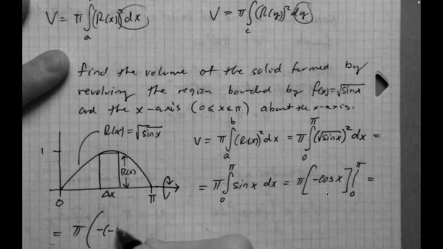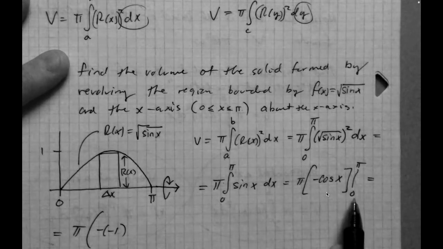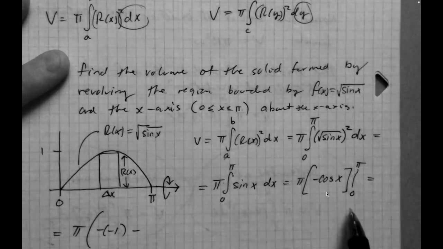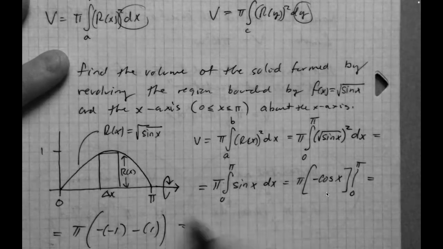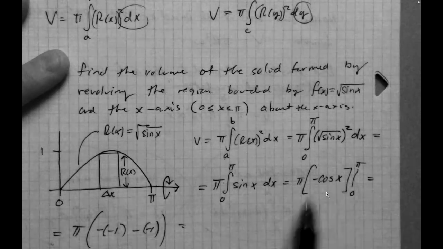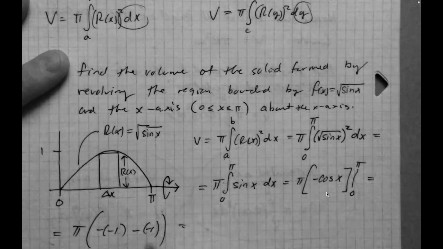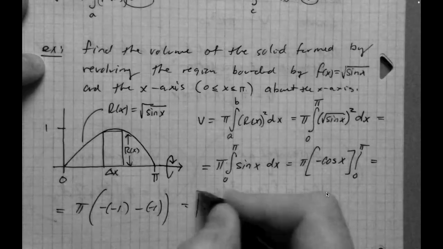So we'll put negative negative 1 there, and cosine of 0 would be 1. And when you do all of this, because it's negative cosine, you should get 2 pi.